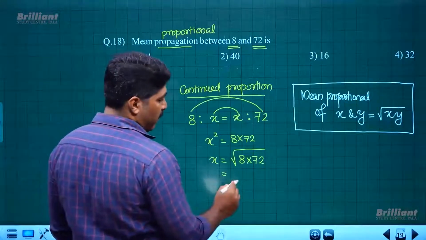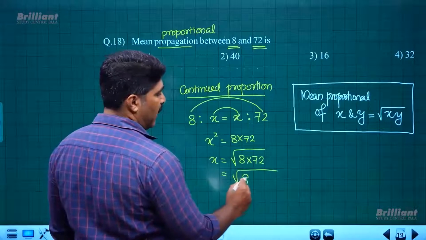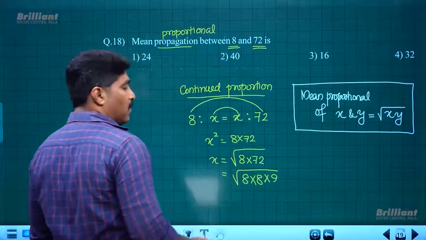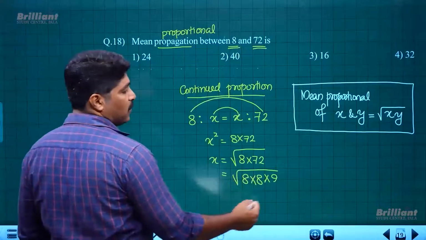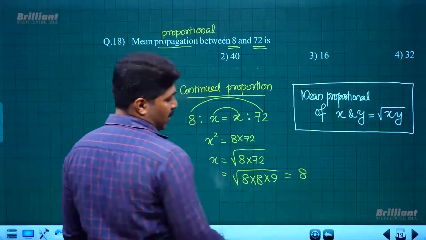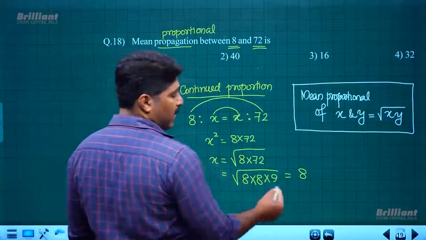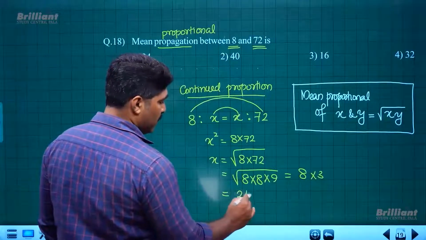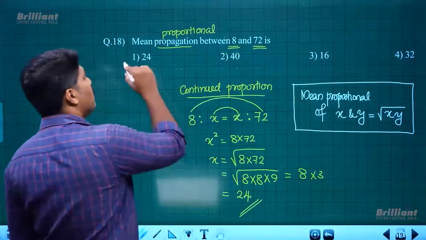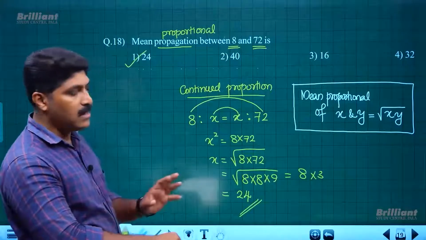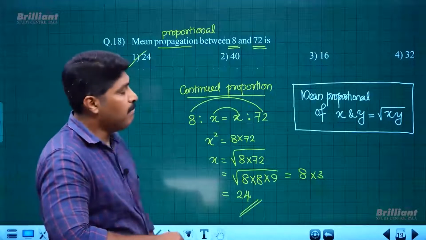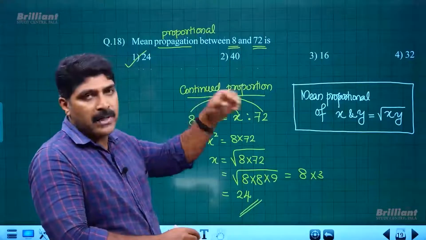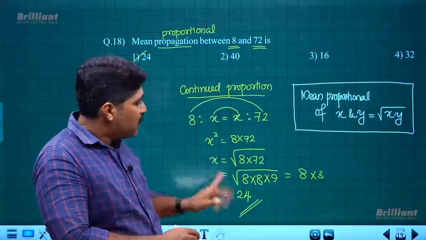Or in another way, this is 8 into 72, and 72 is nothing but 8 into 9. Correct. So inside this bracket, there are two 8s. You can take one 8 outside. And the square root of 9 is 3. Therefore, the square root of this value is equal to 24. So 24 is the answer. That's the concept of mean proportional. That's the application of continued proportion. If you have two quantities and want to find the mean proportional, just apply this method.